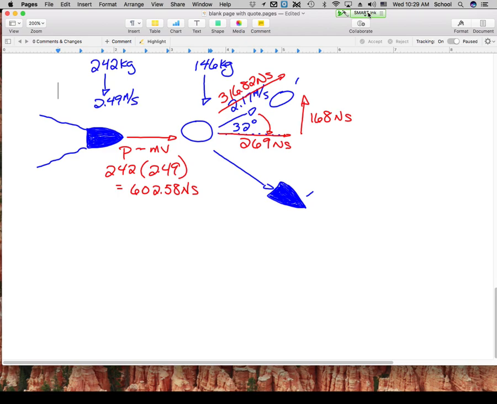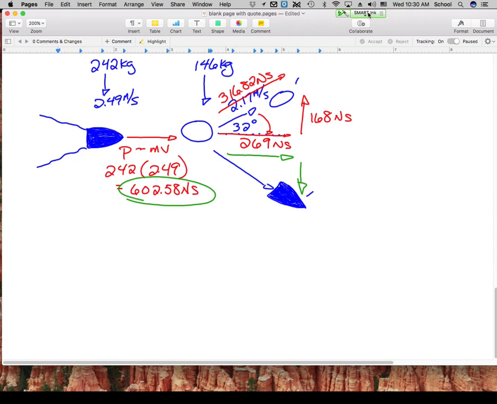Alright, so now the boat is also going forward and to the side. And we can figure out how much is going forward and to the side because we know that in a collision, momentum is always conserved. So before the collision, we had this much going forward. How much do we have going forward now?